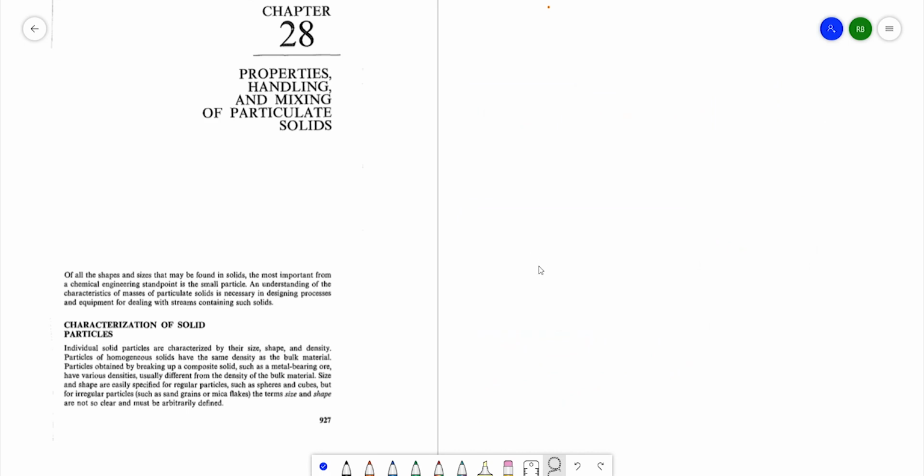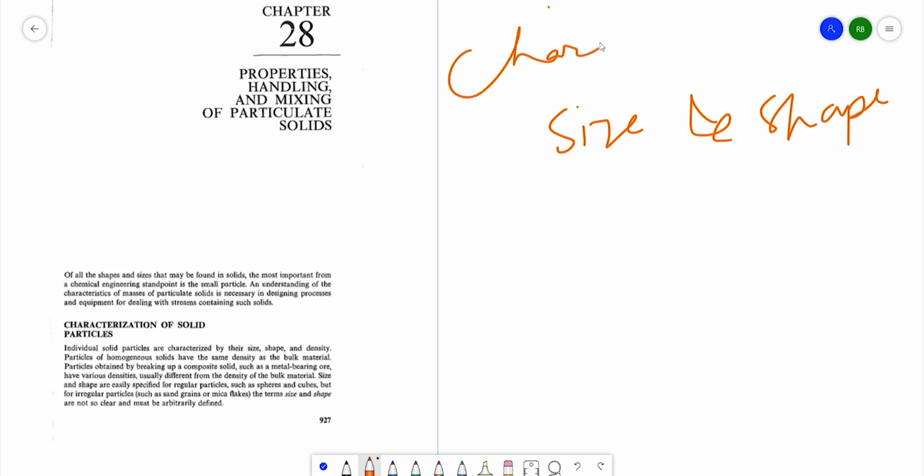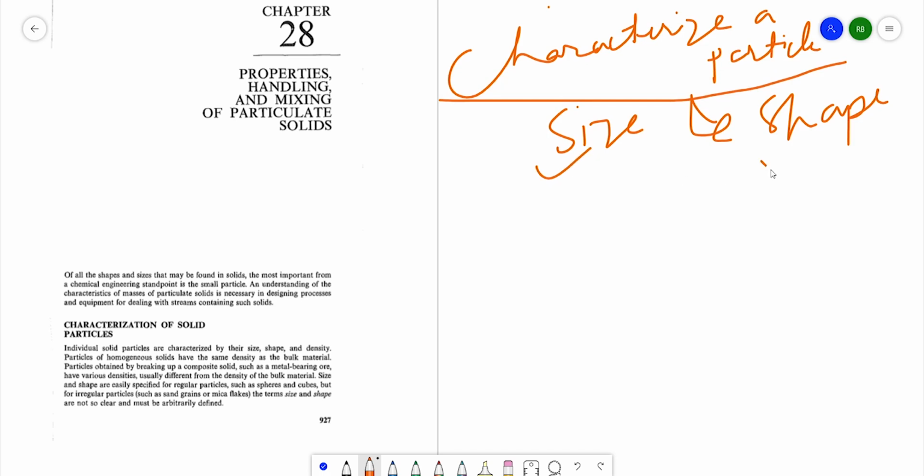To characterize a particle, we need its size and shape. To characterize a particle, we need to define the size of that particle and shape, for irregular objects as well.